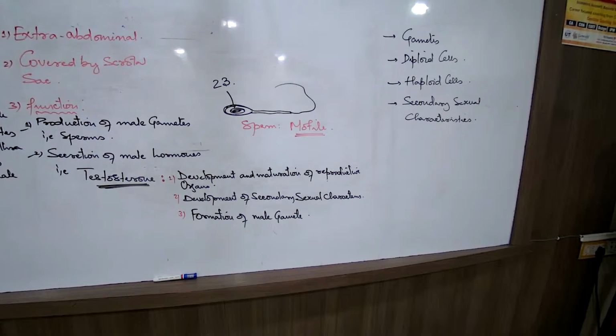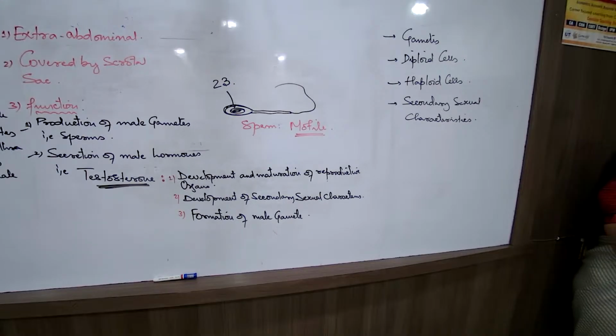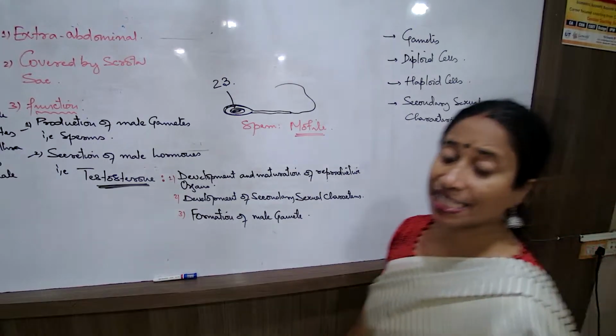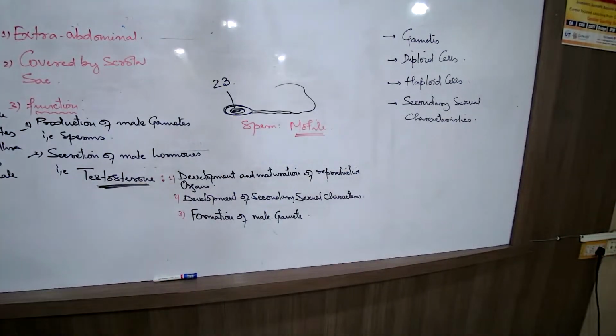What are they? Number one, seminal vesicles. Number two, prostate glands. Only these two you have in your syllabus. Mark them in the diagram that you have in your textbook. These are the accessory glands of the male body.